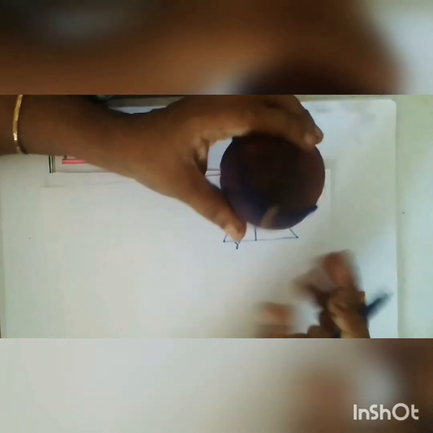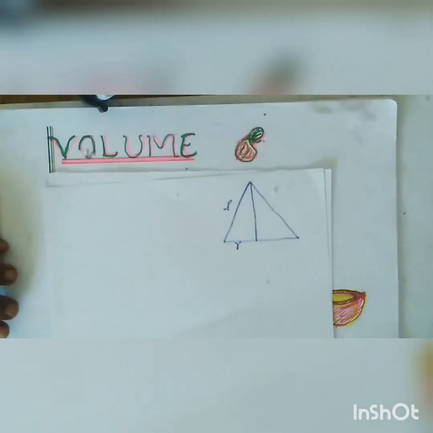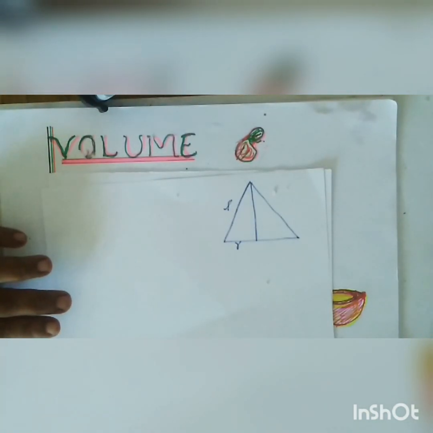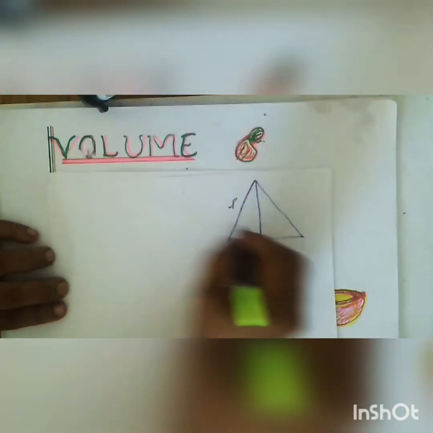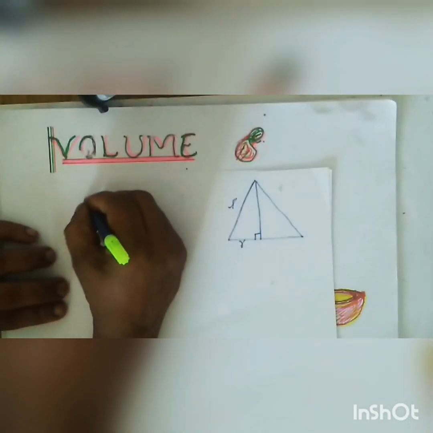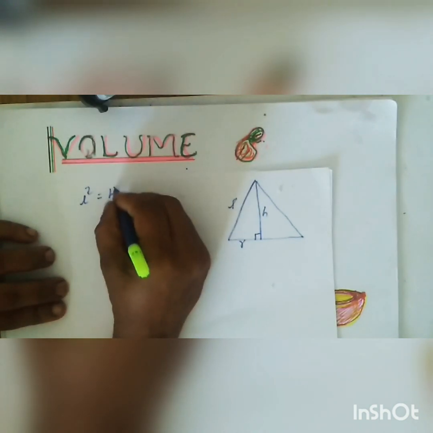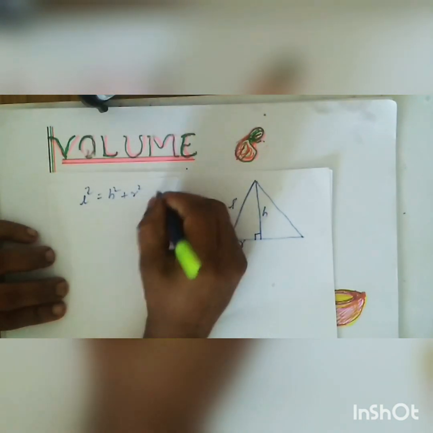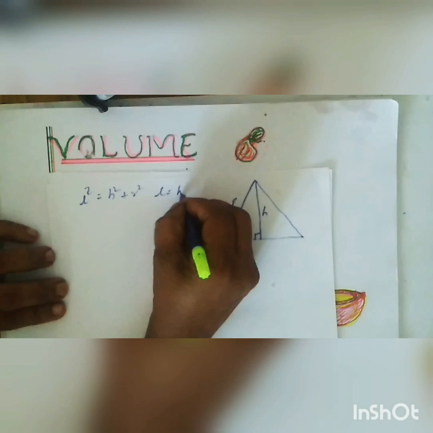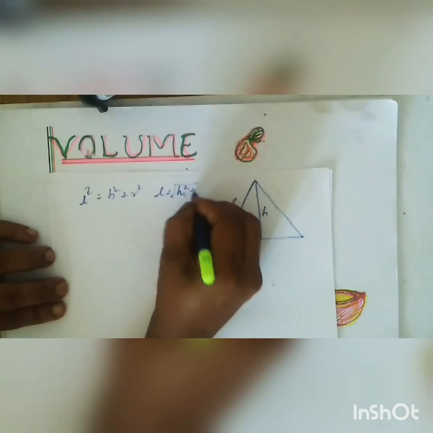We get a right angled triangle. According to Pythagoras theorem, L square equals, here it is 90 degrees, therefore L square is equal to H square plus R square. Or L is equal to root of H square plus R square.